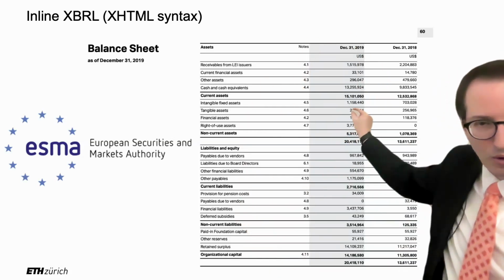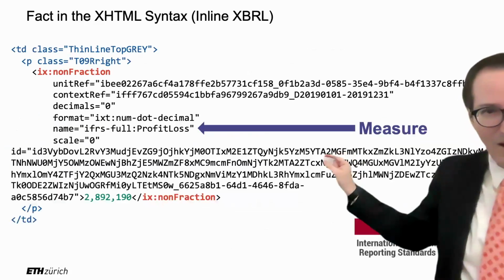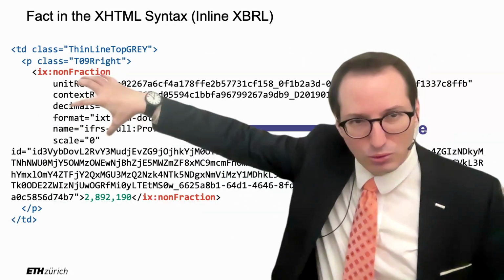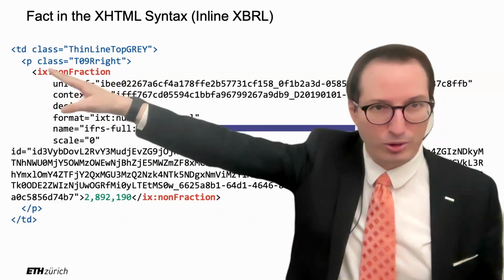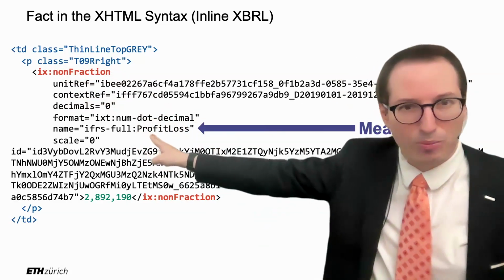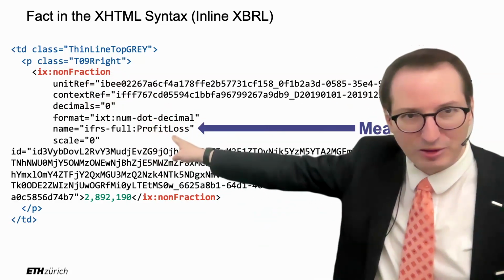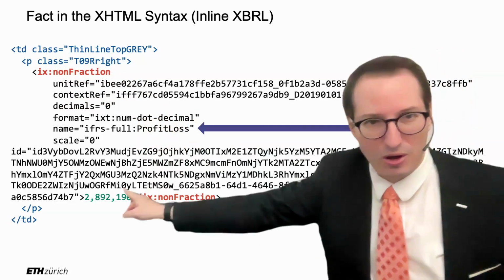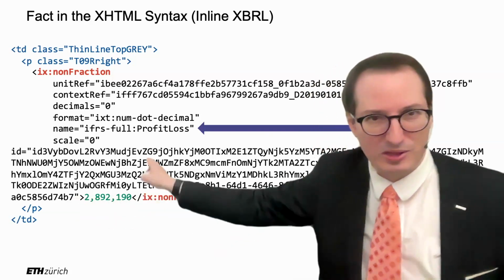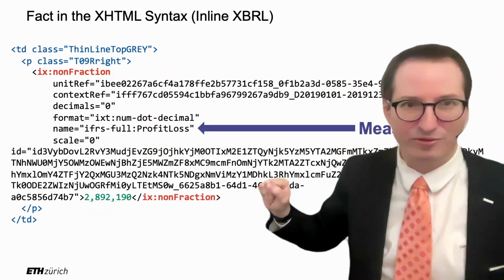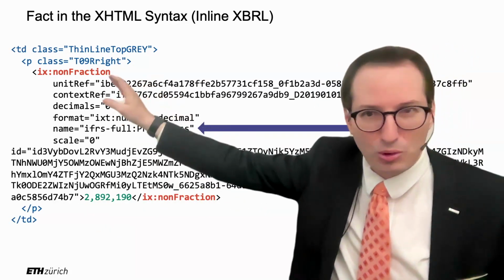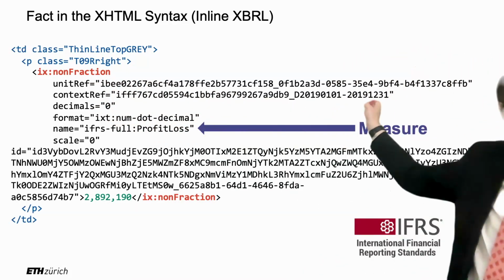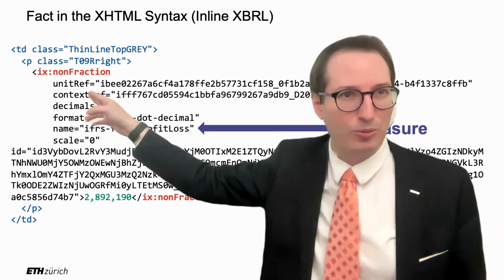And in HTML, somewhere you have this. And what you do is you embed it into what's called a tag that says that this is the profit or loss. You see here, profit or loss, formatted with these commas as a decimal. So this is just an indication of the way the number is formatted. And with some absolutely horribly looking string of characters that is just pointing to some context.